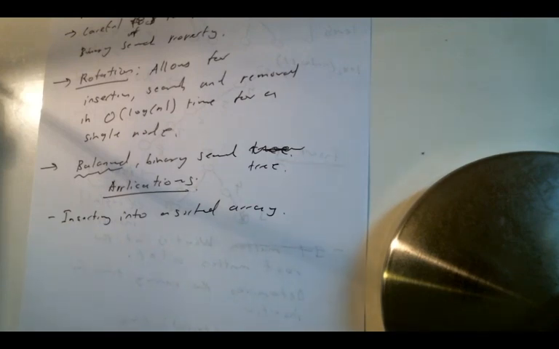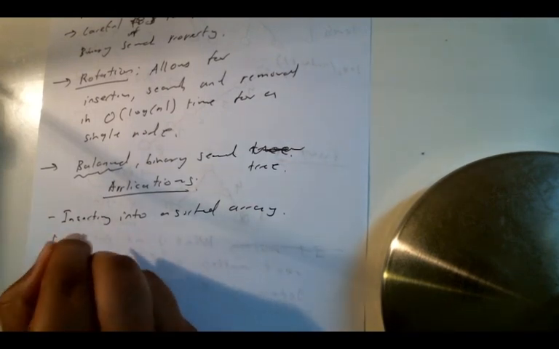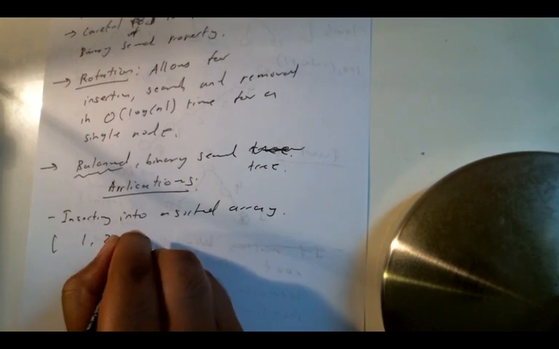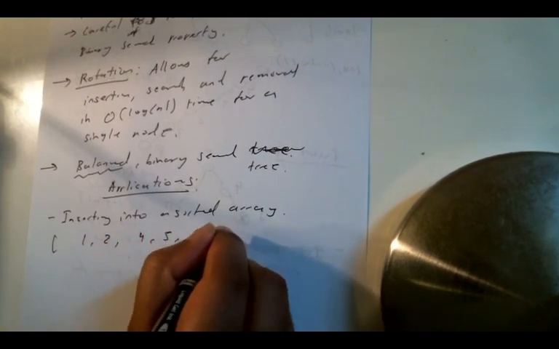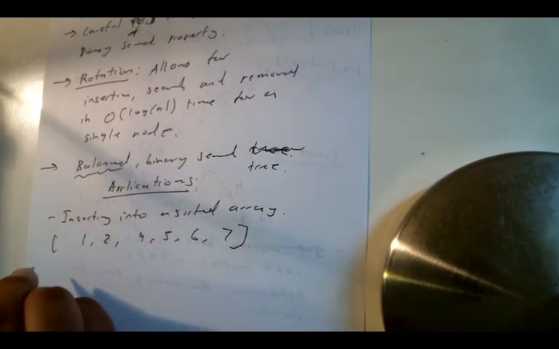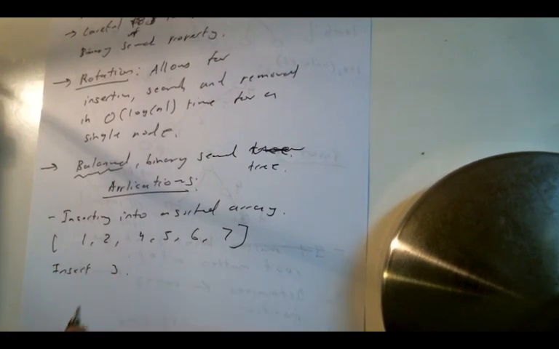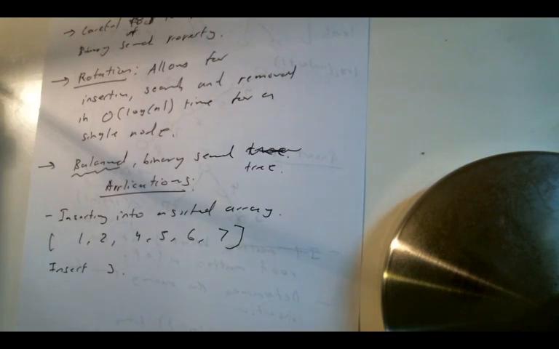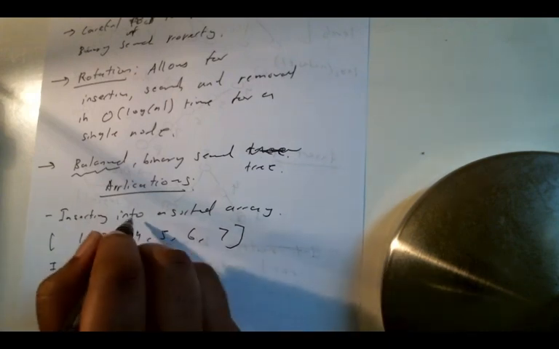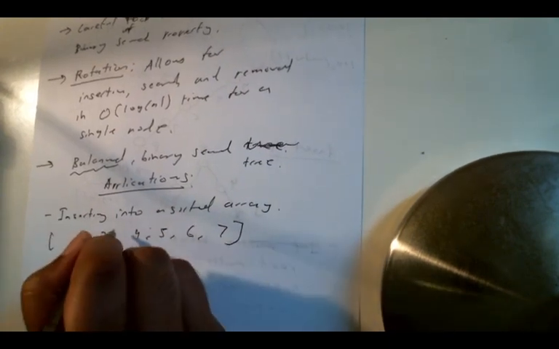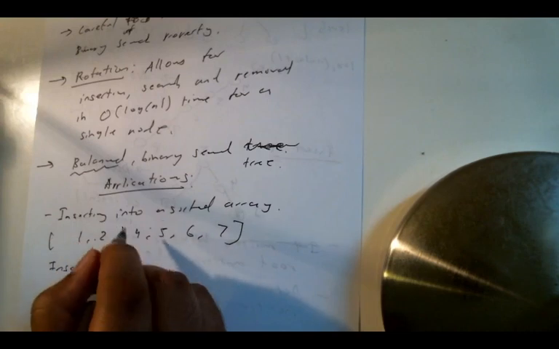So imagine I have an array like this, say 1, 2, 4, 5, 6, 7, and I need to insert 3. So I can be clever about this and use binary search to find the place I can insert this. I do the midpoint, I do another midpoint, I get here, and I say, okay, I need to insert 3 right here.